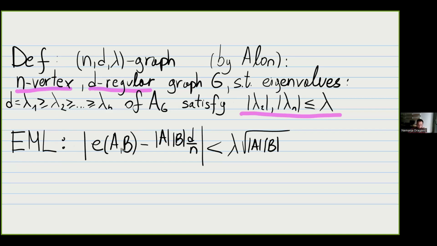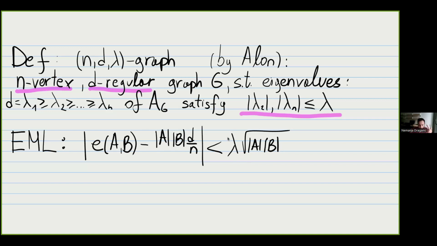Between every two sets of vertices A and B, you look at how much the number of edges deviates from the expected number of edges you would have in a random graph. And this is bounded by the factor lambda times the square root of size of A times size of B. So you just measure the deviation from the expectation, and this lambda controls how much you deviate. The smaller the lambda, the better your graph resembles a random graph.